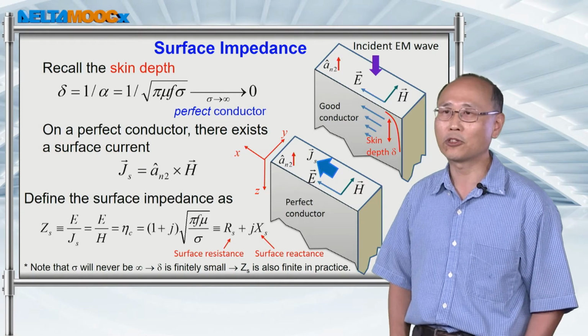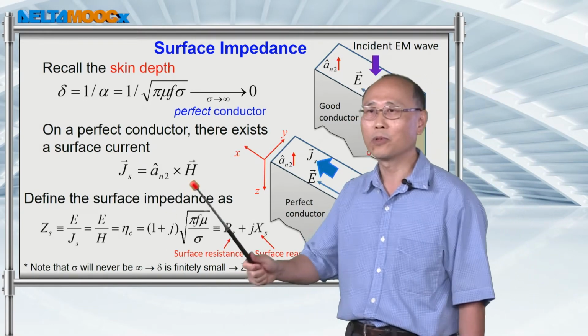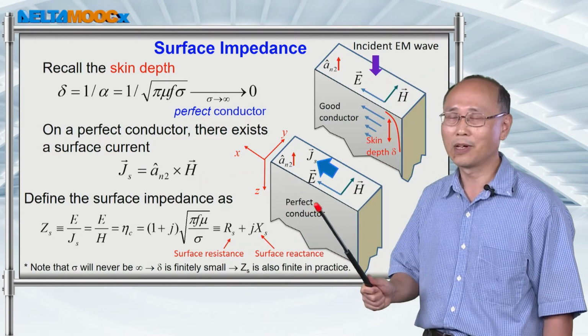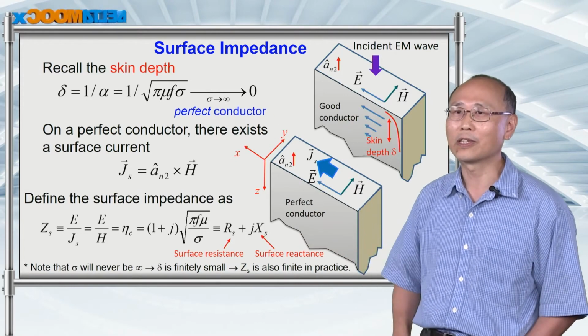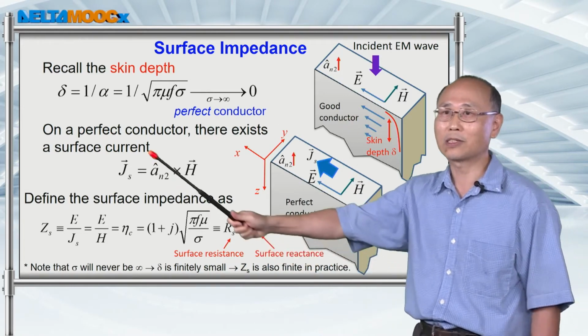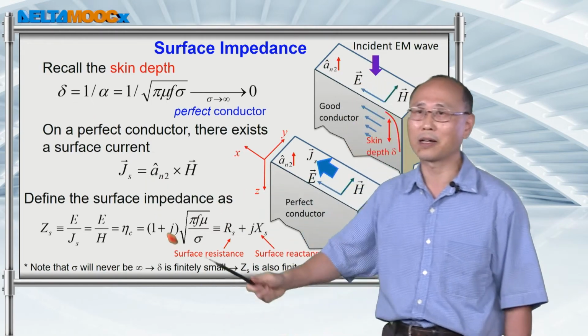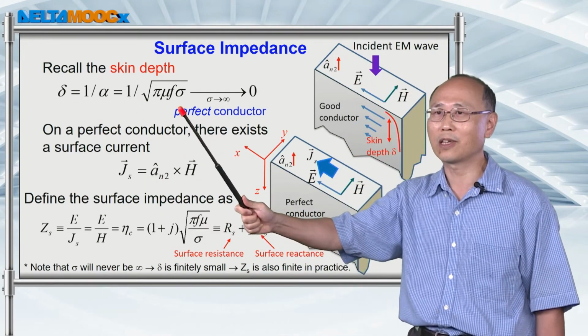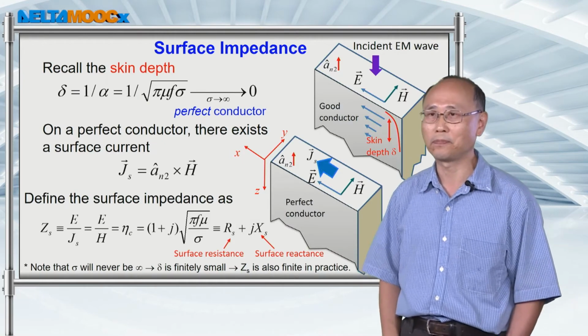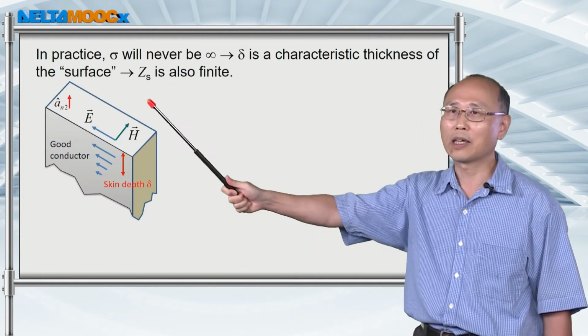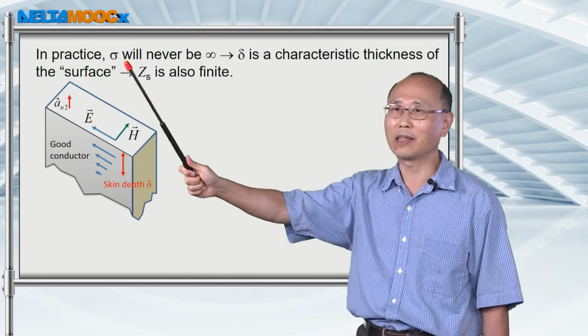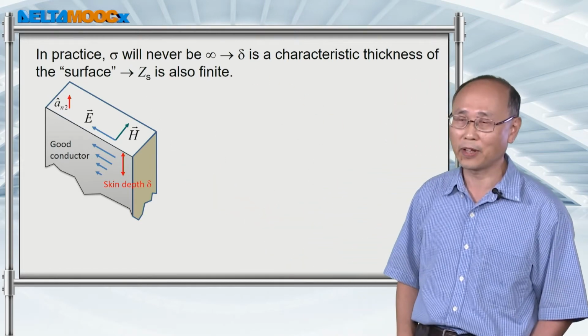And I want to remind you that in practice, we don't work with perfect conductor. We work with the good conductor. So eventually, the skin depth is not going to be equal to 0, but it's a small value. So this is usually a good approximation. Now, in practice, again, the conductivity is not going to be infinite.